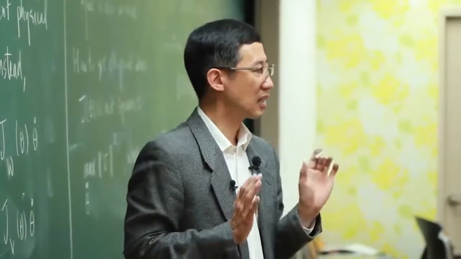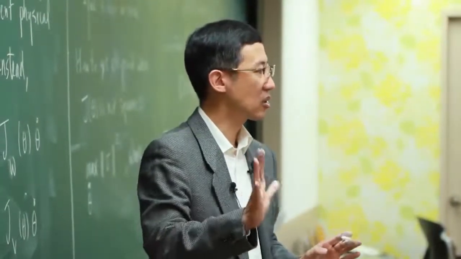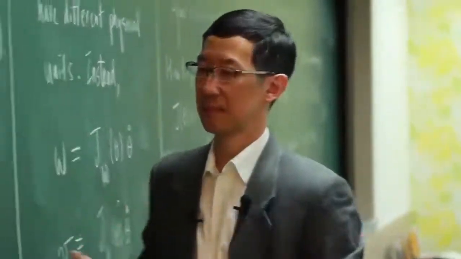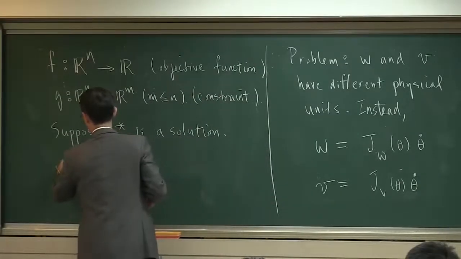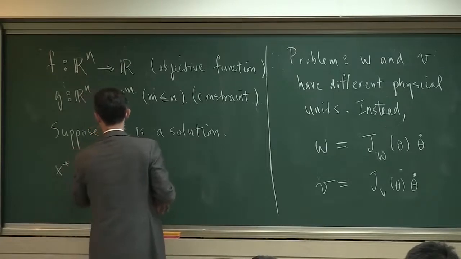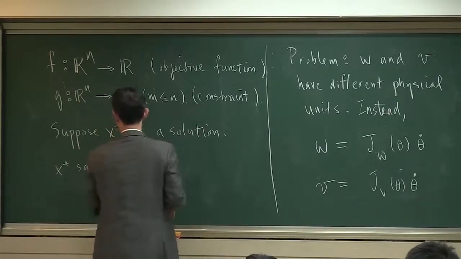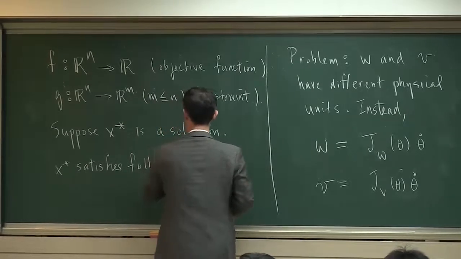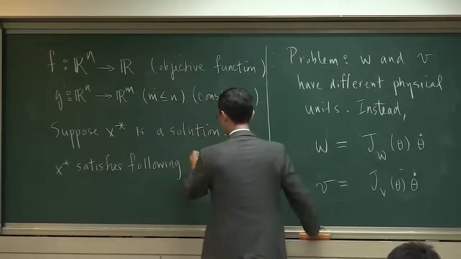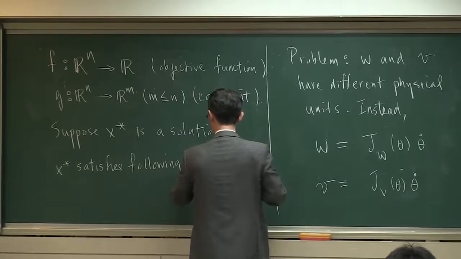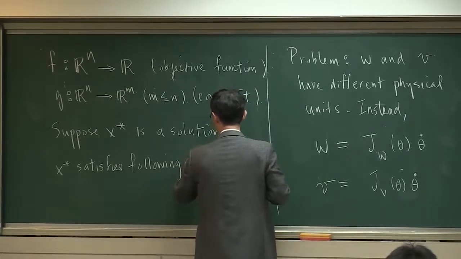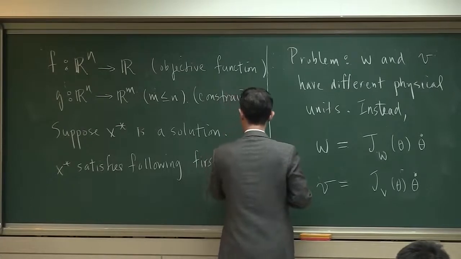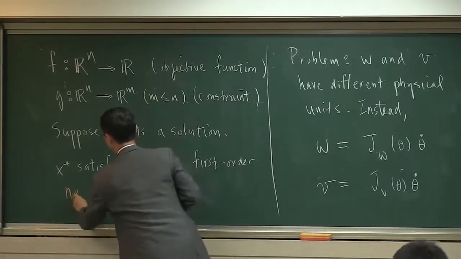Then it turns out that x star has to satisfy a certain set of necessary conditions. These are called the first order necessary conditions.